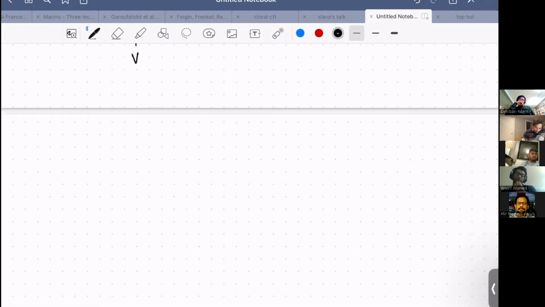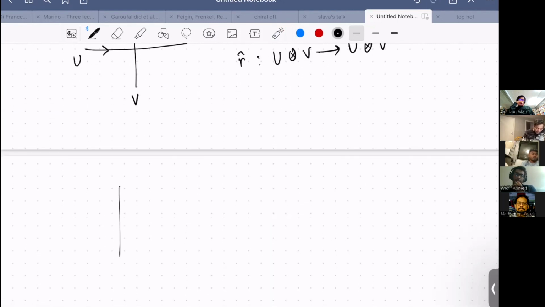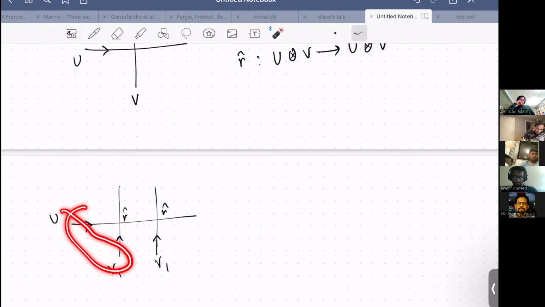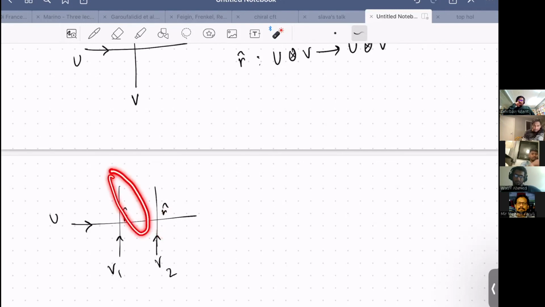Now suppose I have two vertical lines and one horizontal line. Then there's an R hat here and an R hat here. The first R hat takes some state from U tensor V1 and gives you a state in U tensor V1. The second R hat takes whatever you had in U tensor V1, which has a component in U and a component in V1.